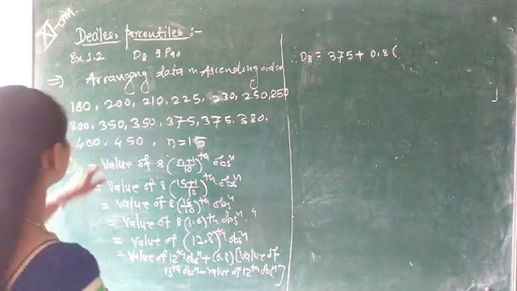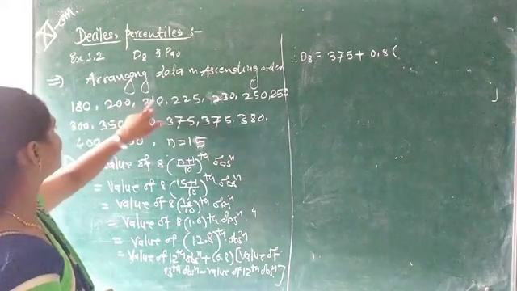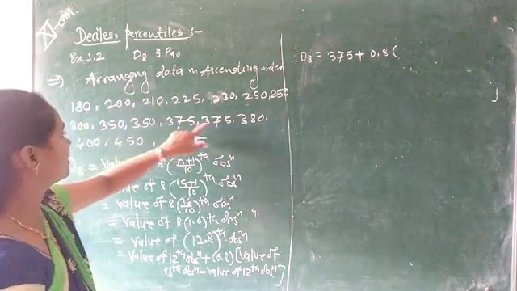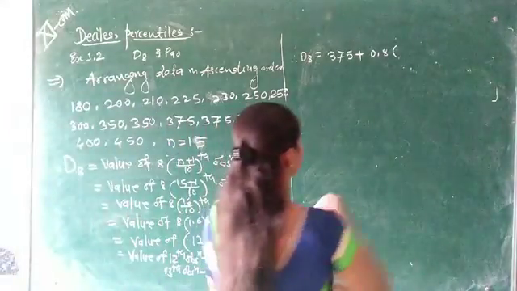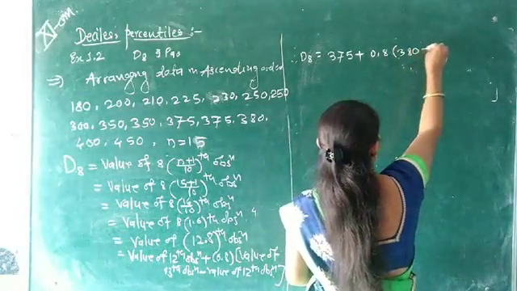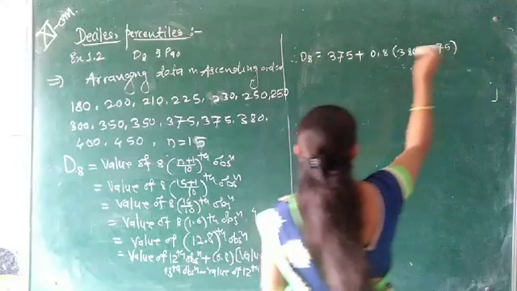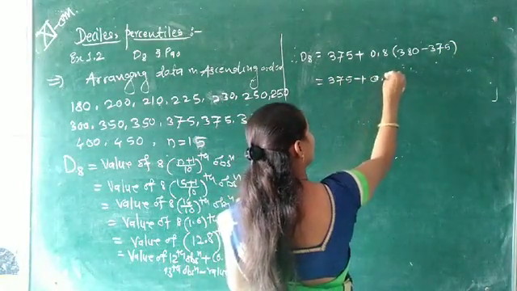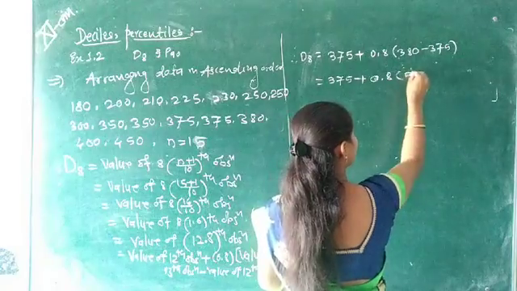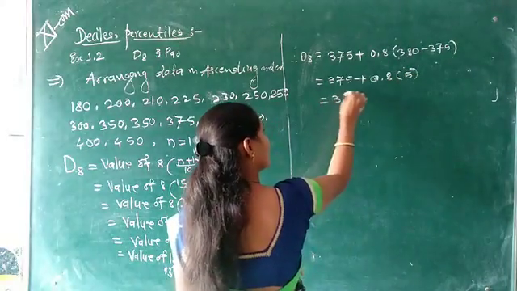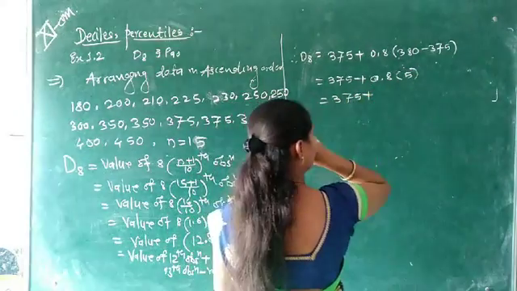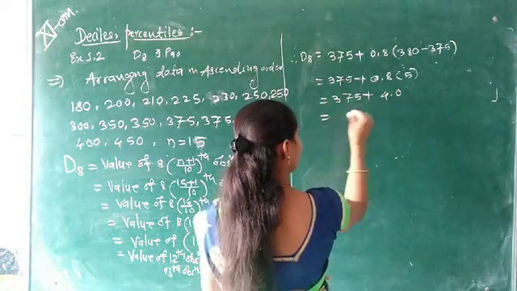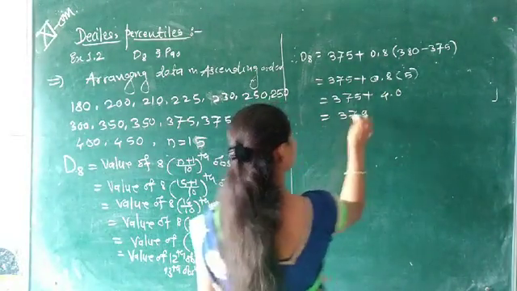Counting 1, 2, 3, 4, 5, 6, 7, 8, 9, 10, 11, 12 and 13, that is 380, minus 375. 375 as it is, plus 0.8 as it is, 380 minus 375 is 5. 0.8 into 5 is 4.0, and 375 plus 4 is 379.